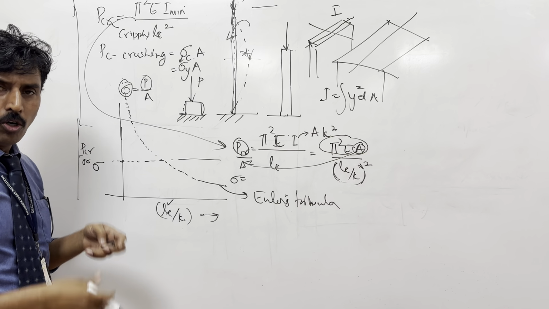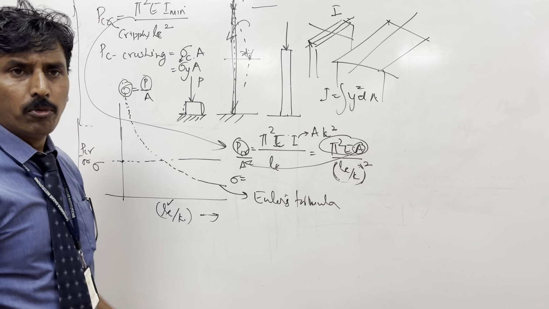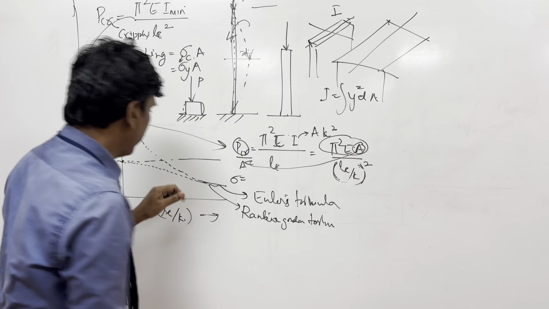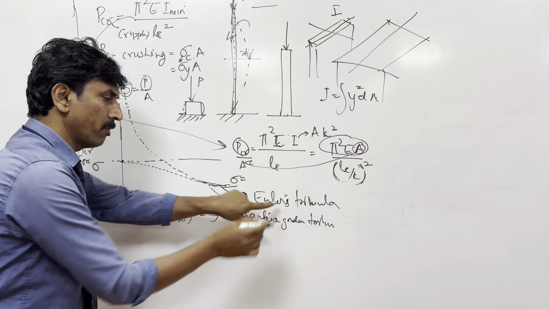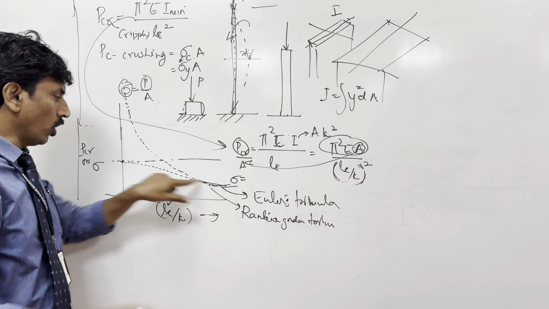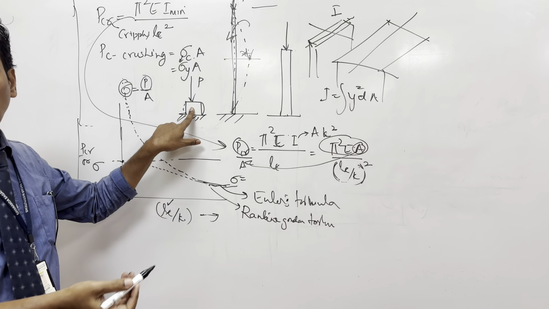Now we want to come out with a new formula which is called the Rankine-Gordon formula. The Rankine-Gordon formula will be somewhat like this. So for long columns, this Rankine-Gordon formula will be almost the same as Euler's formula. For short columns, it will be the same as this.